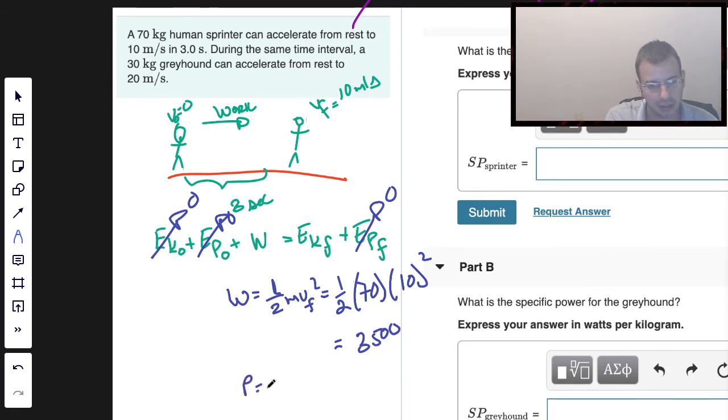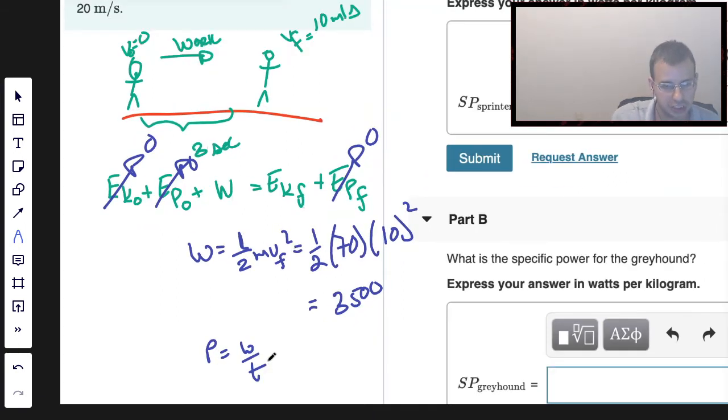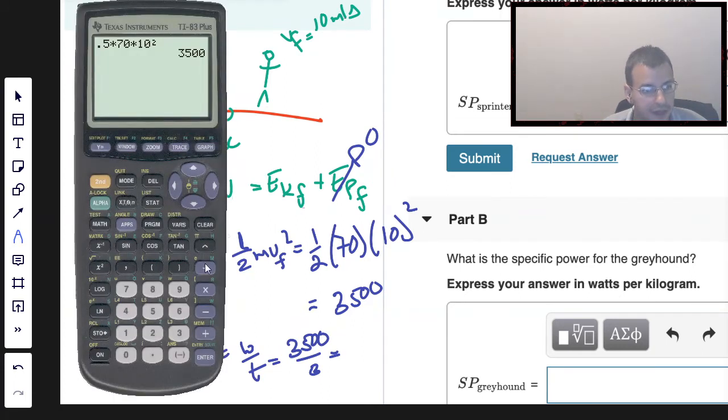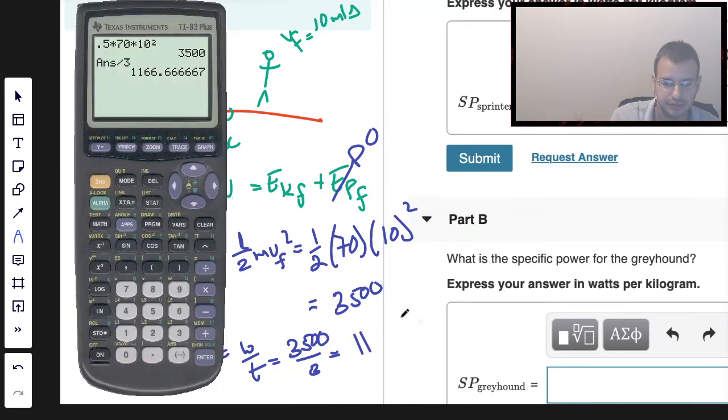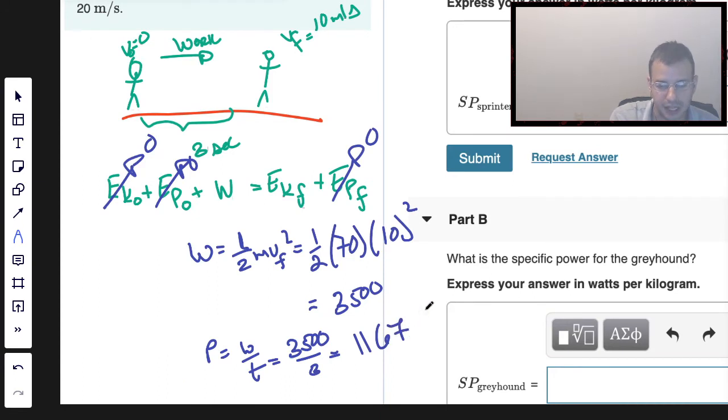Therefore, power is going to be work divided by time, which in this case is 3. So it's 3,500 divided by 3, which is about 1,167, and that's going to be watts.